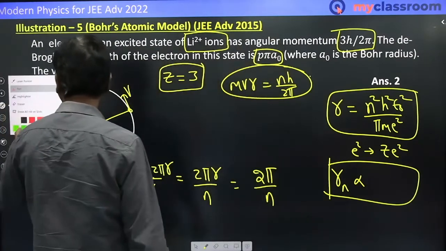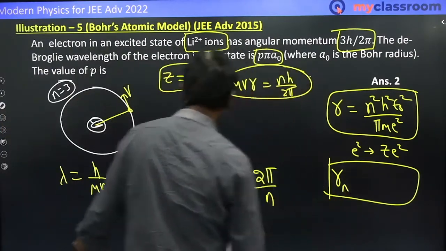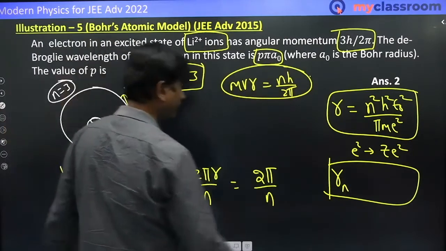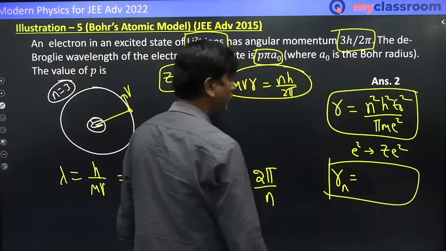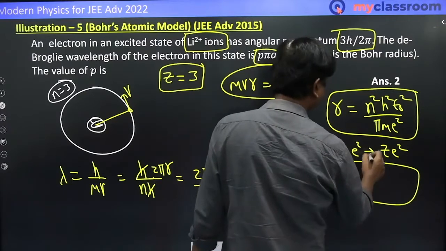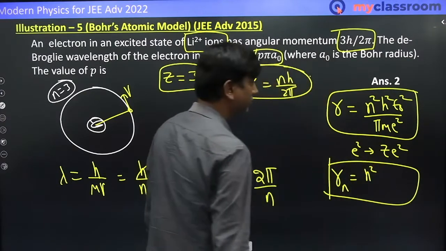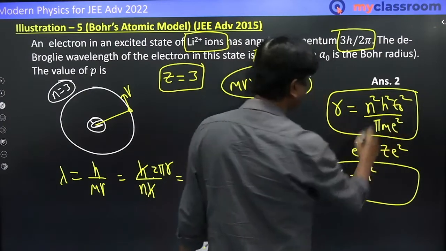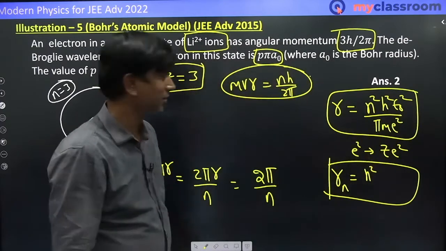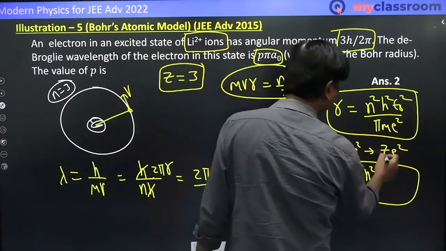one more step. Radius of the nth orbit is equal to, so n square is there. If you put n is equal to 1, this becomes the first orbit. N square, and e square replaced with Z e square.